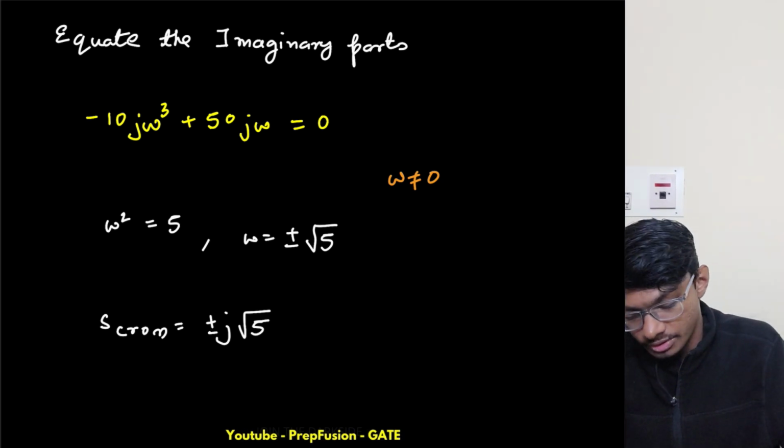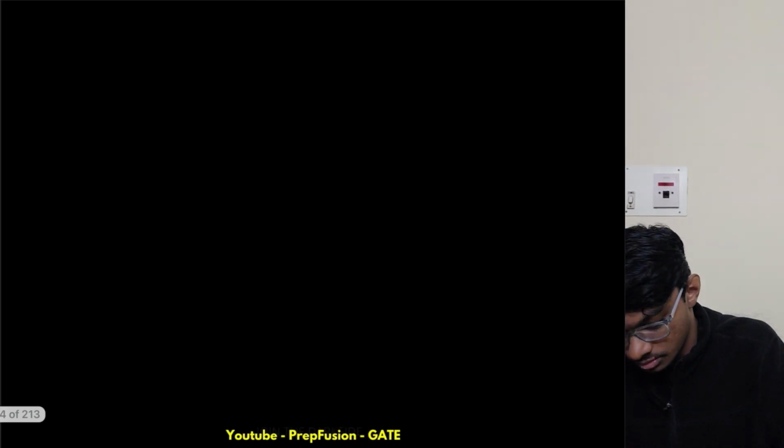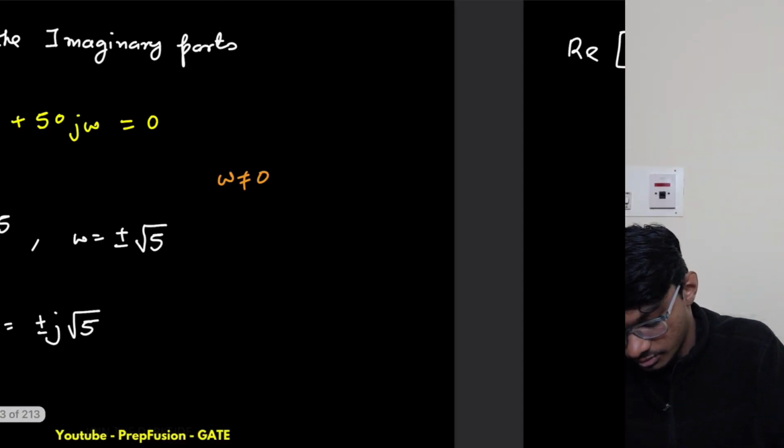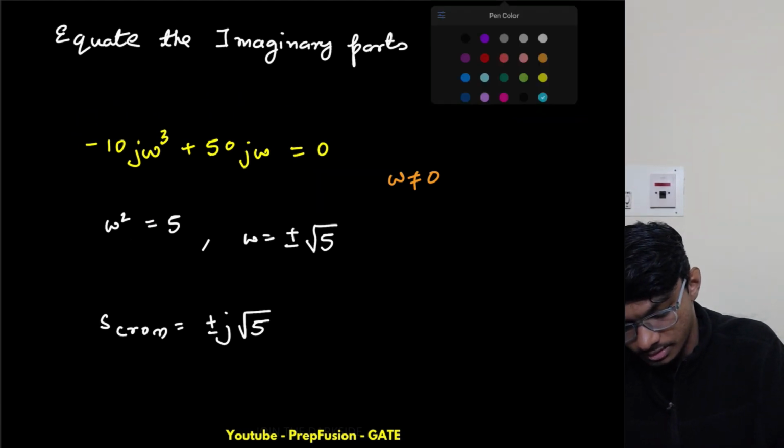So now let's equate the real parts to 0, which is 1 plus G of s into H of s equals to 0. Here I could have also written the same thing, just to make you understand a bit better.